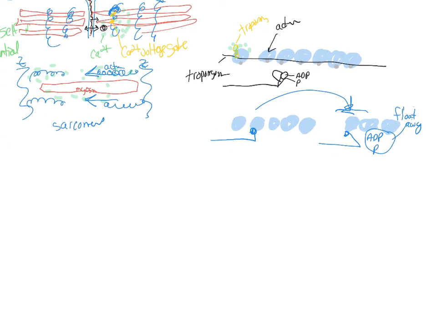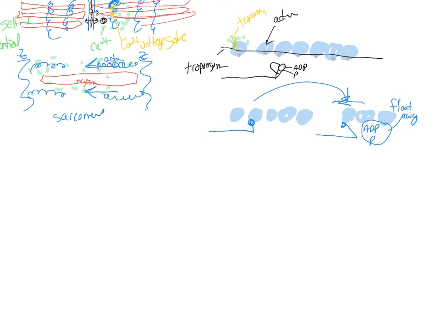Okay. Now, I still need this to recock. Okay, I need it to detach and recock. So what's going to happen is I have over here ATP, okay? The ATP is going to come over here and attach to that.